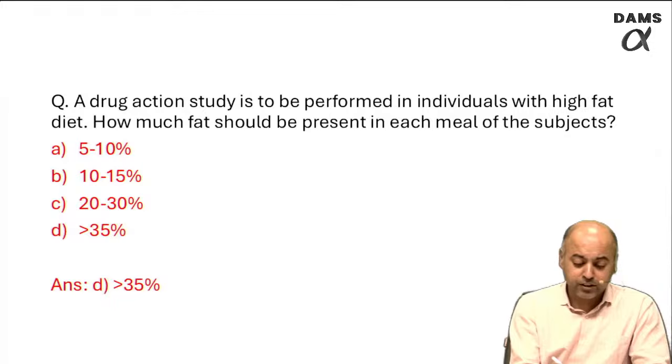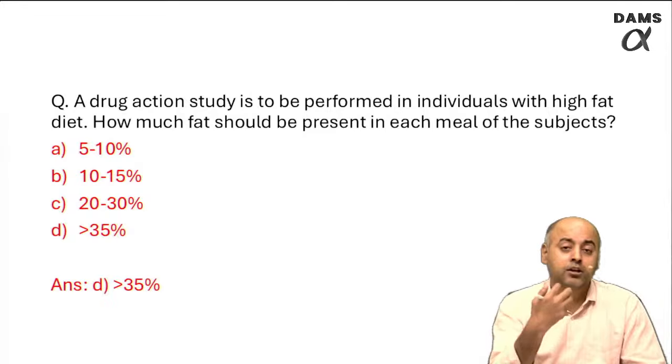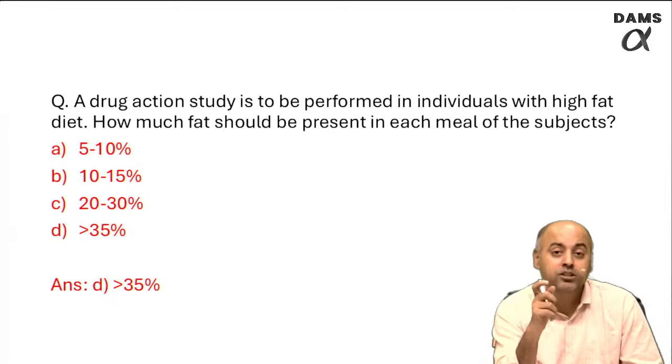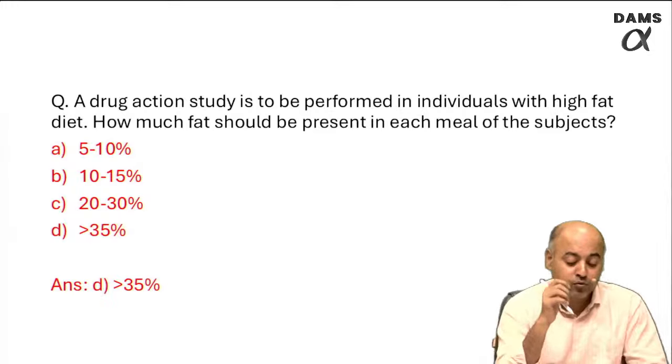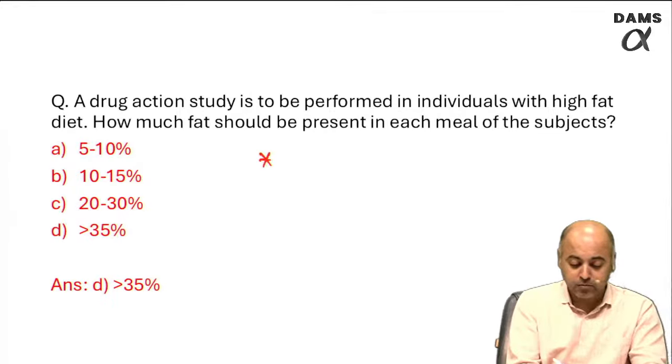Then another very simple question regarding the percentage of the different foods as contributors to the energy. How much energy should come from which type of food? That is a very important topic, and the term used is the balanced diet.